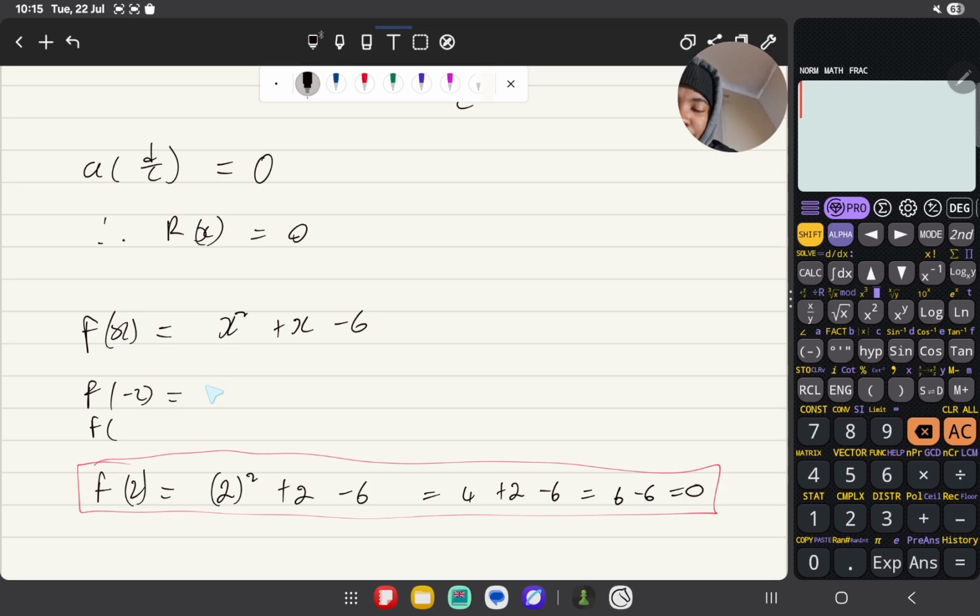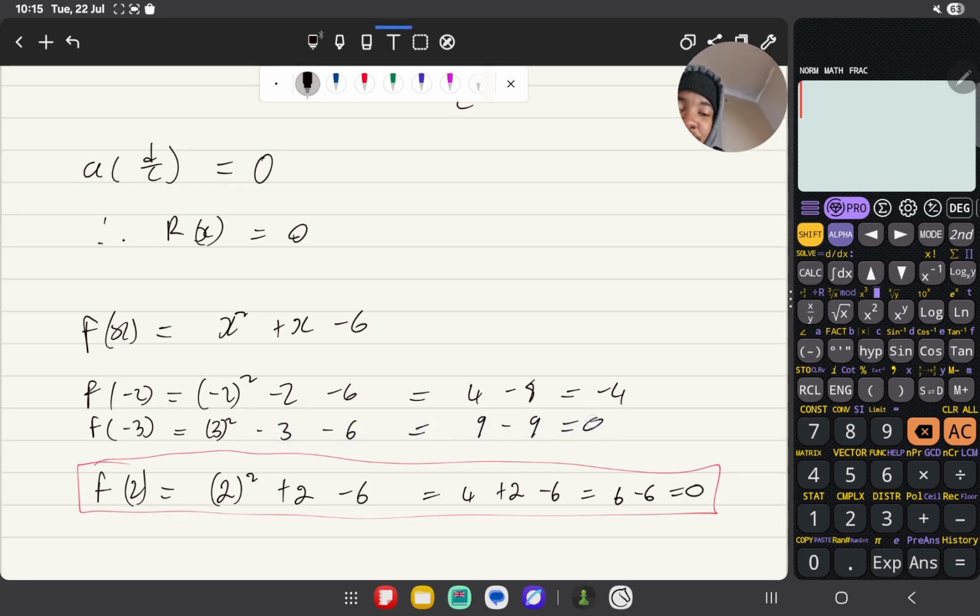Minus 2 squared minus 2 minus 6, so that is 4 minus 8, which is minus 4. Right, let's go for 3 now. 3 squared minus 3 minus 6, that is 9 minus 9, which is 0.